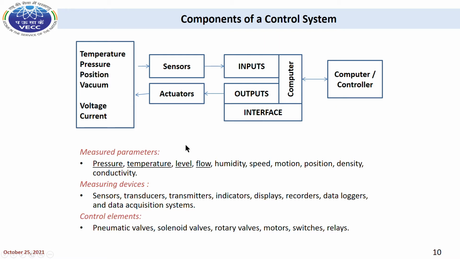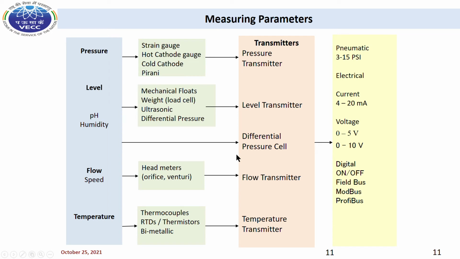So the list of parameters is given here. So here is the measuring parameter. A transmitter is a process control device that converts the signal produced by a sensor to a standard instrumentation signal. So PV, a process variable, is to be measured and controlled.